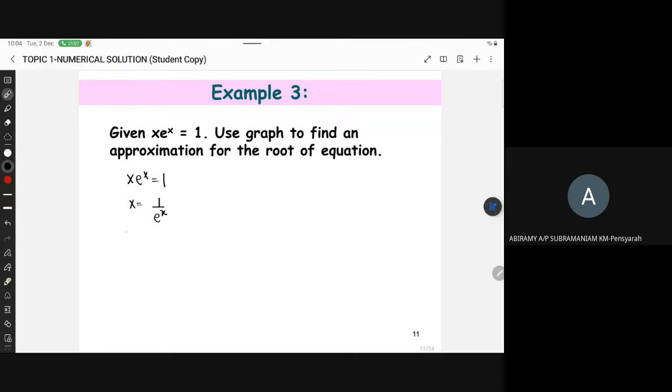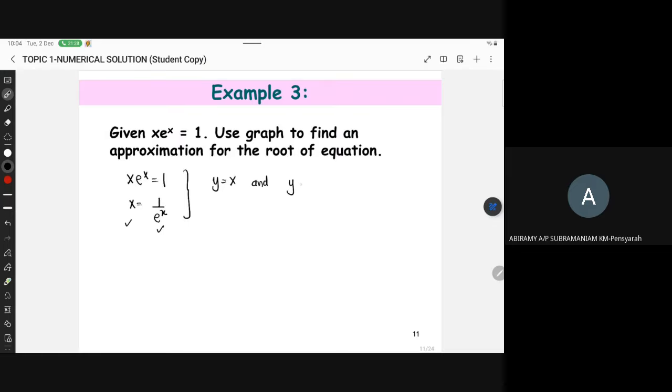So we won't be finding the root at the x-intercept. We will be finding the root at the intersection of the two functions. So we separate this into two functions. We can draw the graph of y equals x and also another function, function 1 and function 2.